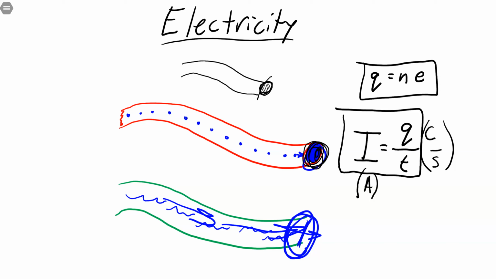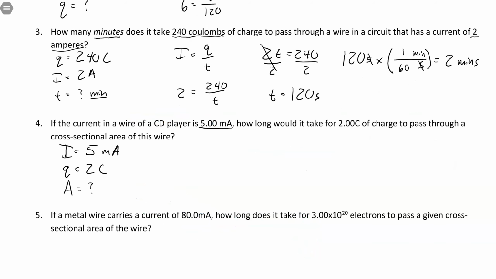And when we do, especially, resistance in a wire, there it is. That's the cross-sectional area. So again, just because you might not understand it doesn't mean that you can just ignore it. We are going to have to talk about that later. But right now it's just saying that the current is 5 milliamps and 2 coulombs of charge passes through this region. So there's 2 coulombs passing through there.